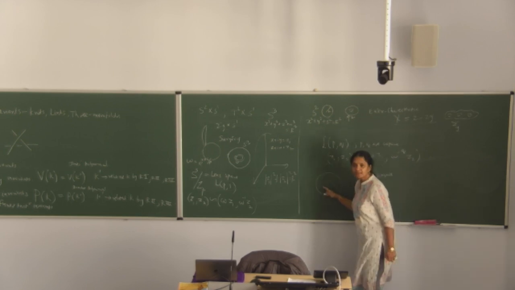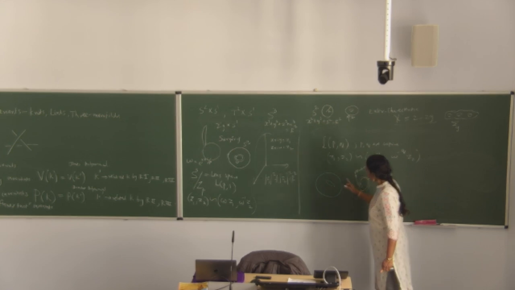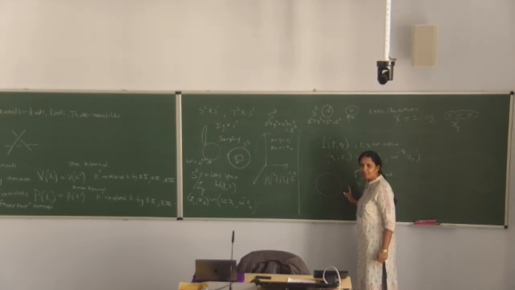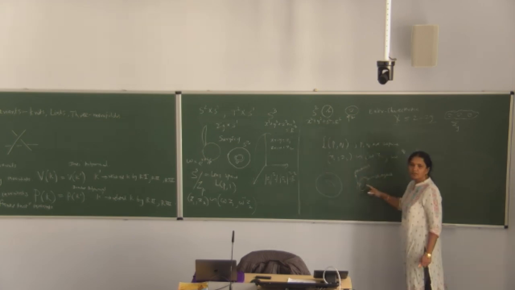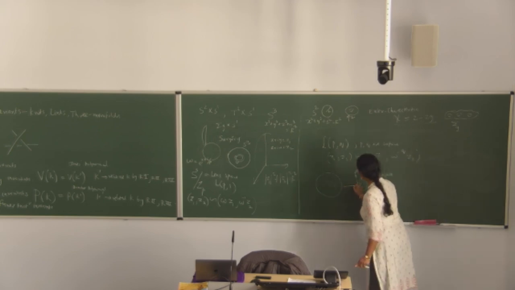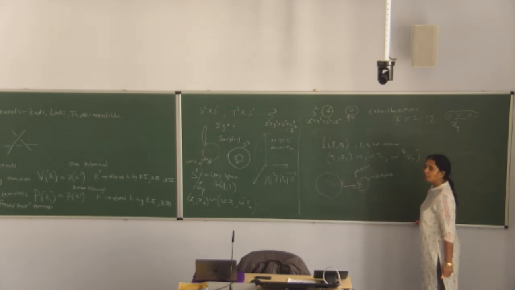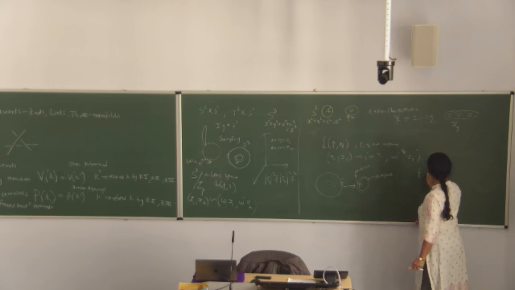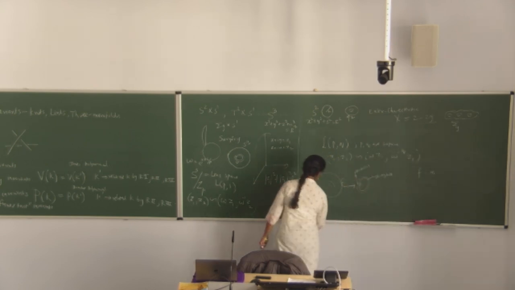And there will be a similar thing here. Right? So now I want to do some kind of a mapping between the meridian and longitude to the meridian and longitude here. Suppose I do a mapping where I try and take a map. Let's say a map where I try to relate the meridian of, let me call this as a unknot complement.